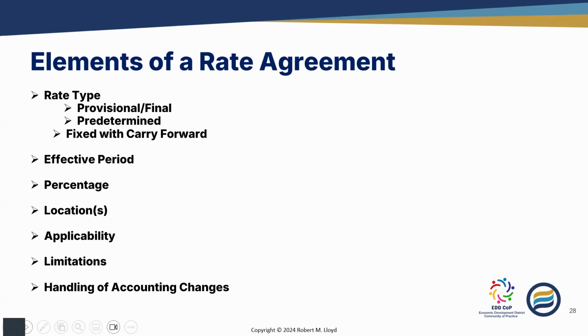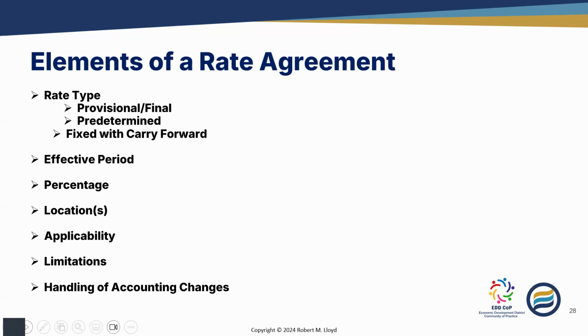Finally, the fixed rate with carry forward is probably the most ideal, because the rate is established before the fiscal year starts, and it is used during the fiscal year. At the end of the fiscal year, the rate is recalculated, and then the over or under charge that results is carried forward to the next rate negotiation.